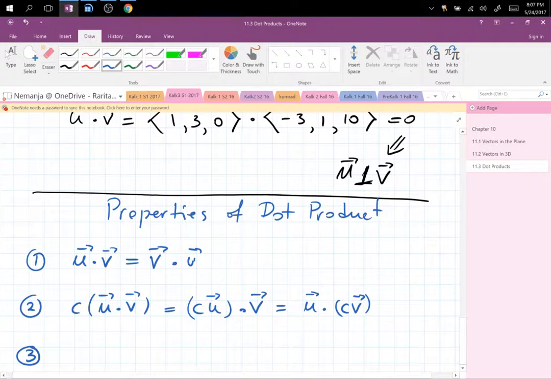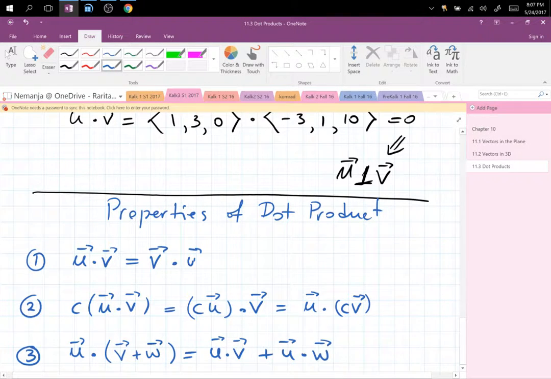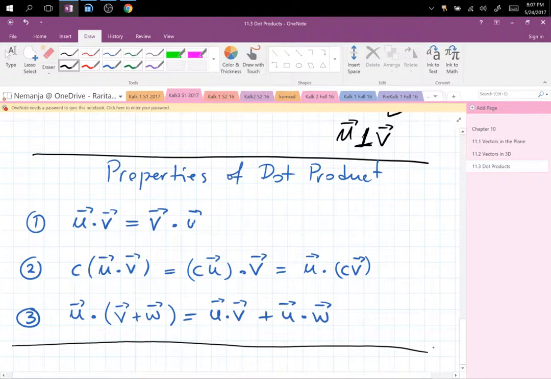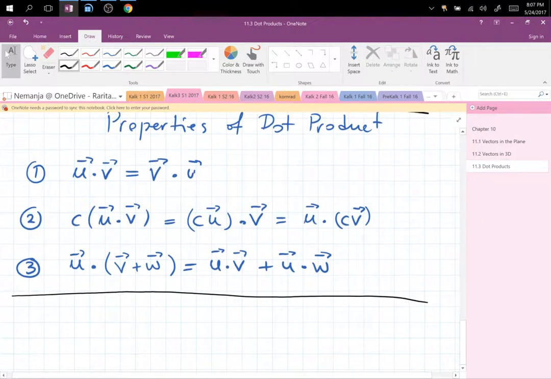And three, we have distributive property. So those are the properties of dot product. Again, you can prove each one of these if you simply replace u with u1, u2, v with v1, v2, and then just grind through algebra.